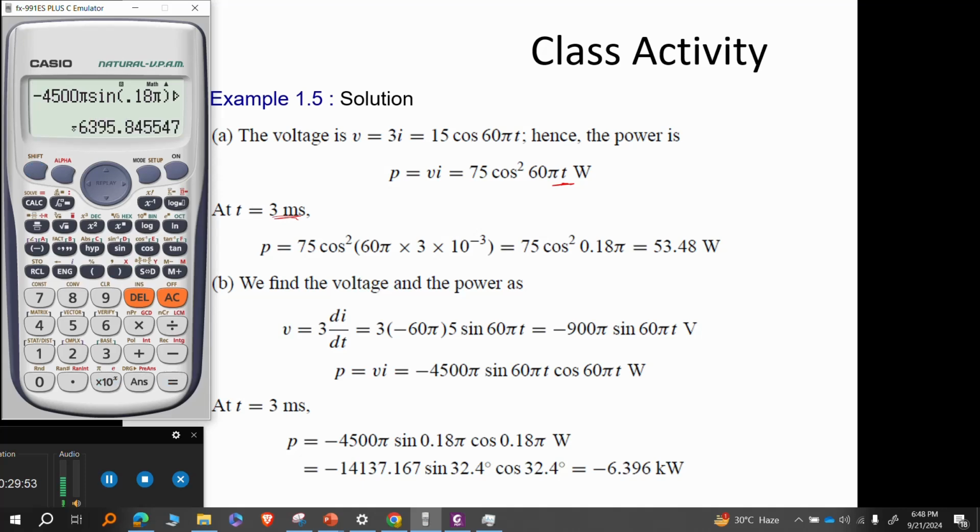So the answer is minus 6395. You can say minus 6.395 kilowatt. And alternatively, you can solve it in degrees as well.